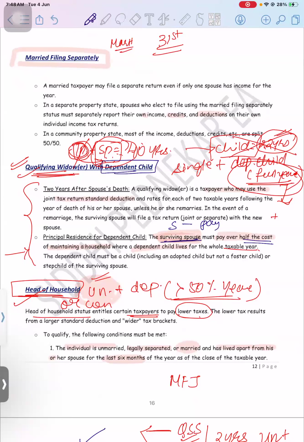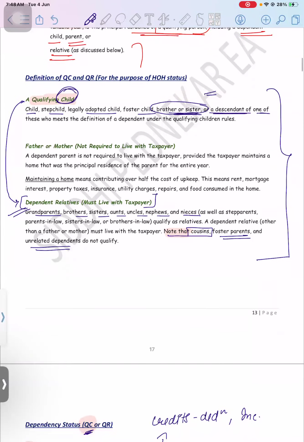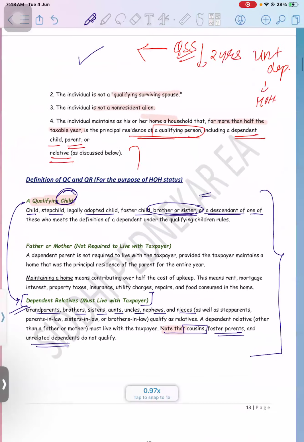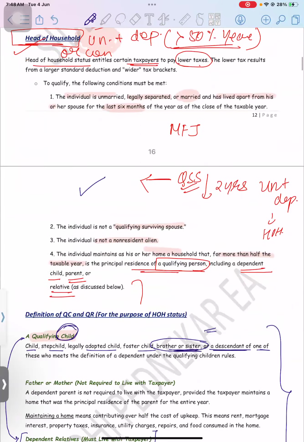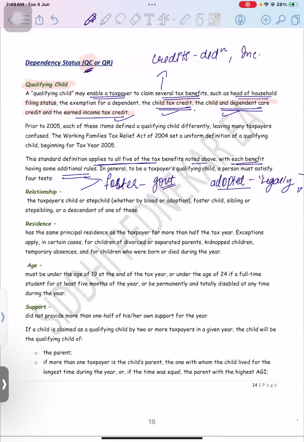So here it can't be said that any third person should pay on their behalf. But in head of household, in the definition of a child, the child should not incur more than 50% of his own expenses. Okay, got it, guys? So please remember that the definitions are a little bit different. I know while reading it you will find it the same, but it has a very minute difference, right?